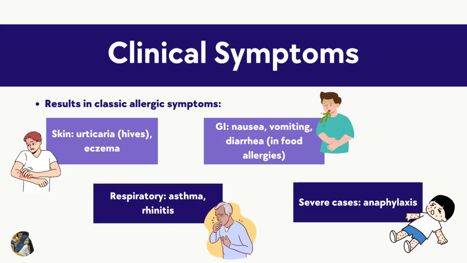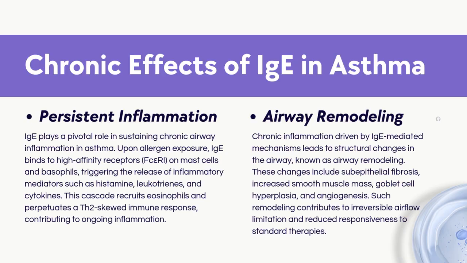The gastrointestinal system can also react, especially in food allergies, causing nausea, vomiting, or diarrhea. In the respiratory system, asthma and rhinitis are common, and in severe cases, it can escalate to a life-threatening reaction called anaphylaxis. So these classic symptoms help us identify and manage allergic reactions effectively.